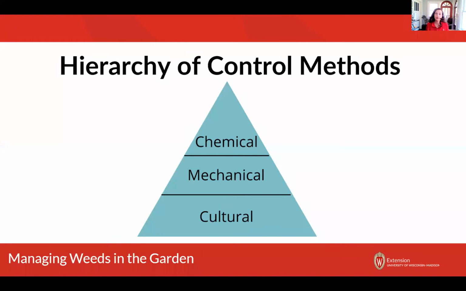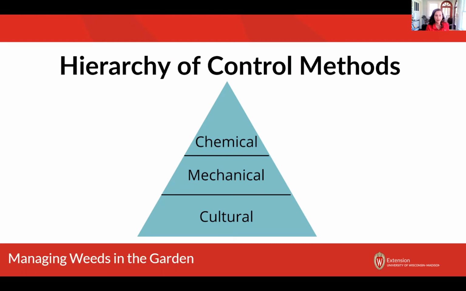Now we're going to switch over and think about control methods that we can use. And I want us to always keep in mind control methods in a hierarchy, okay? So we don't want to just go, first thing we see a weed, we're not just going to jump right to the top of this pyramid here and grab our bottle of herbicide. It's important that we really utilize these bottom layers first before we get up into the chemical, okay?